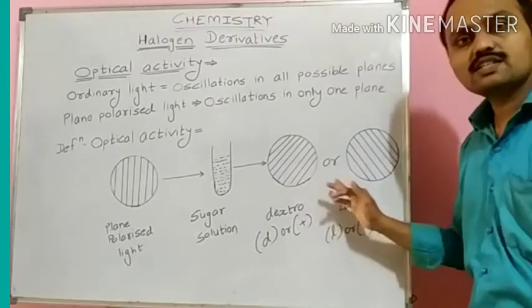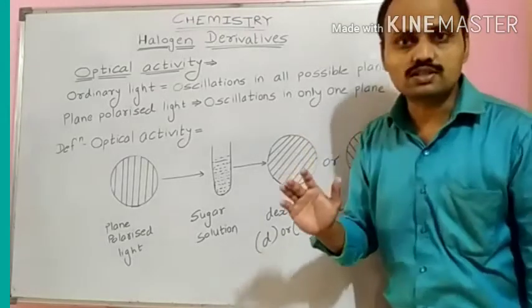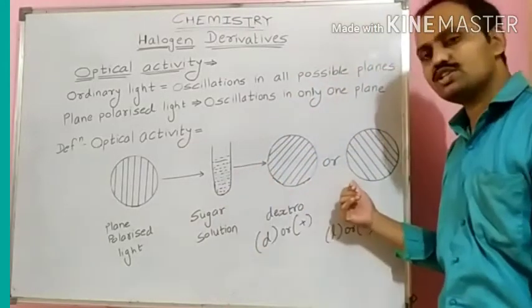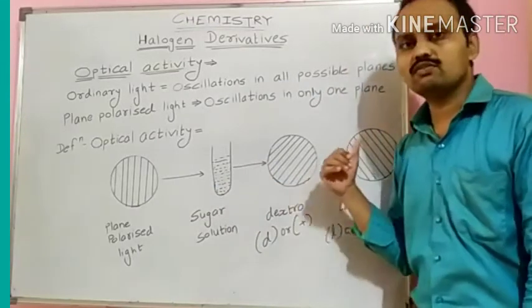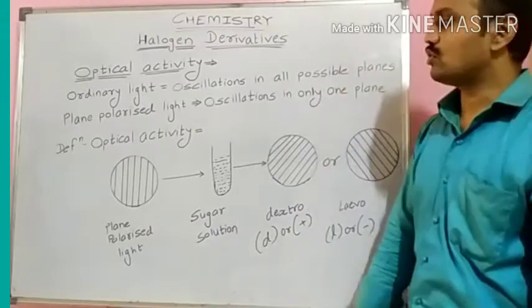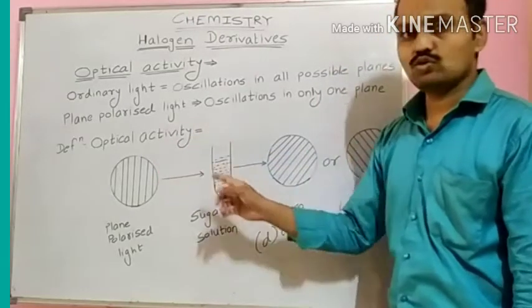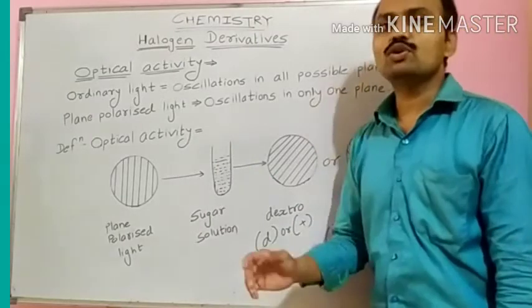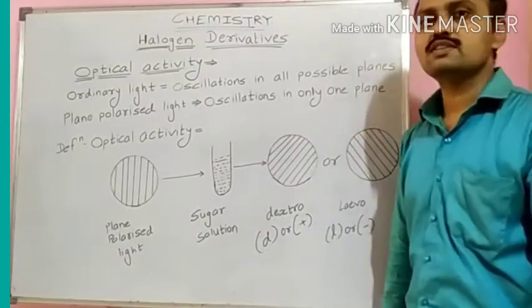Their direction will be different, but students, the angle by which they rotate will be the same. And the chemical properties of optical isomers or enantiomers are very similar because their chemical formula is the same.